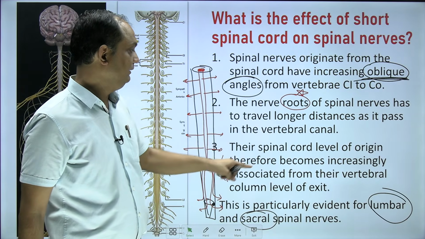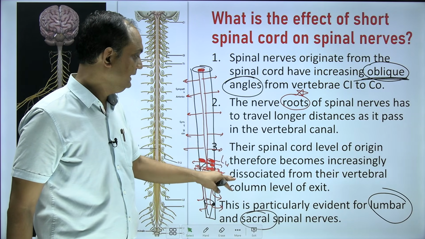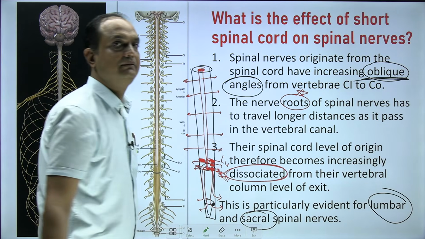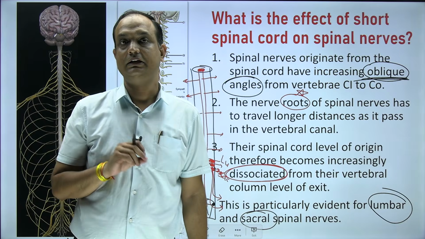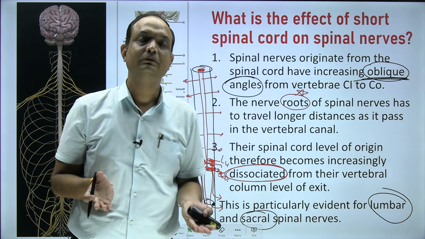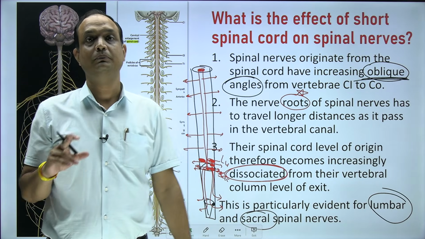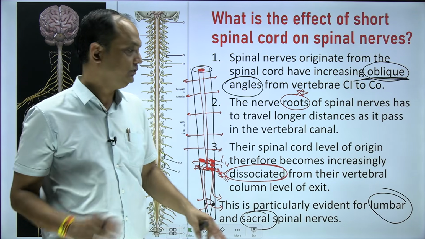Their spinal cord level of origin thereafter becomes increasingly dissociated. Why does dissociation occur between the origin of the spinal nerve and their intervertebral foramina? This is the important thing to keep in mind: the growth of the bony channel is faster than the neural tissue.